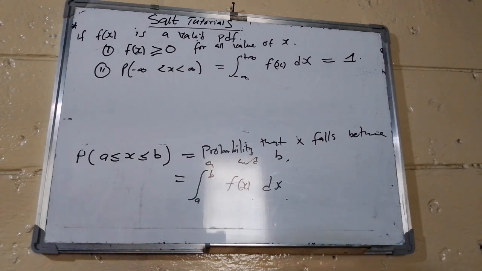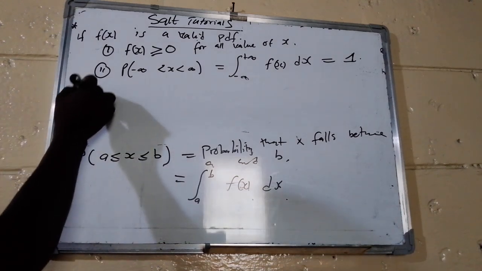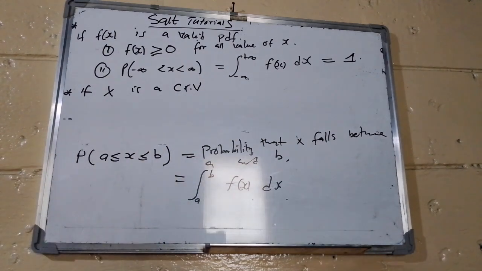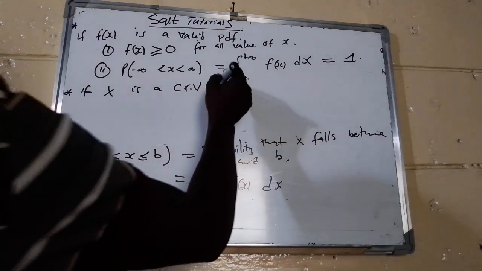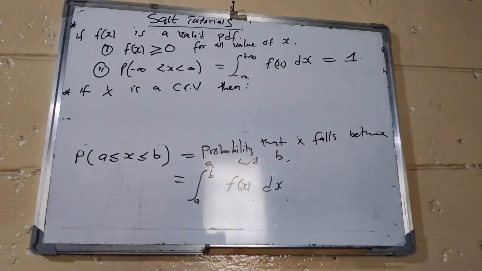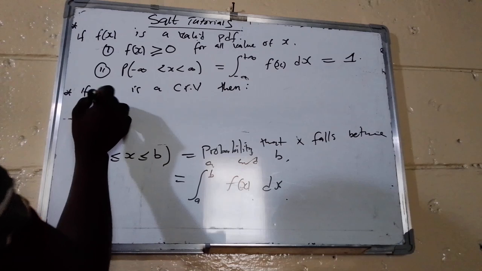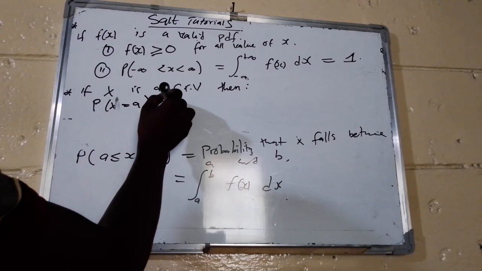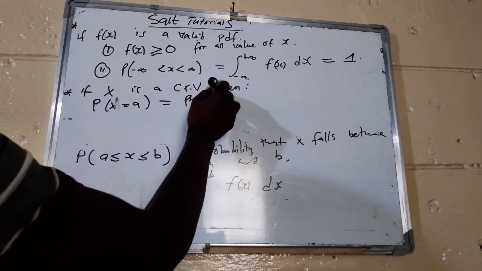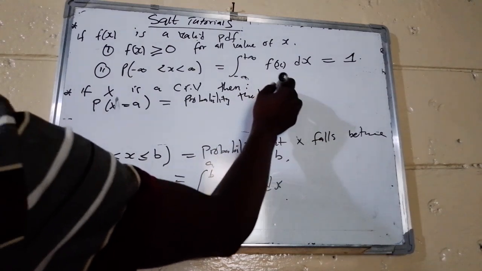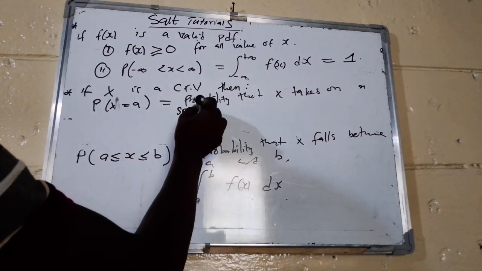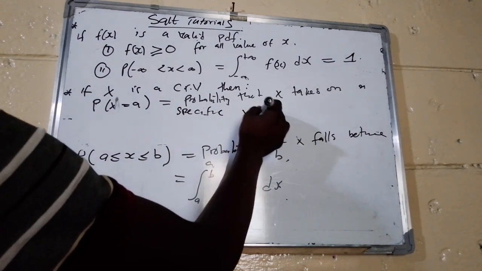And then we are simply saying that if x is indeed a continuous random variable, then the probability of x equal to a is the probability that x takes on a specific value equal to a.